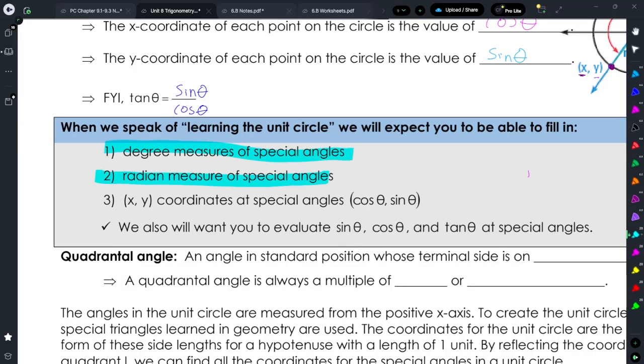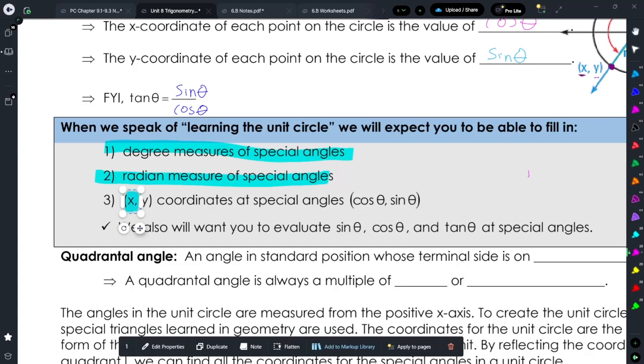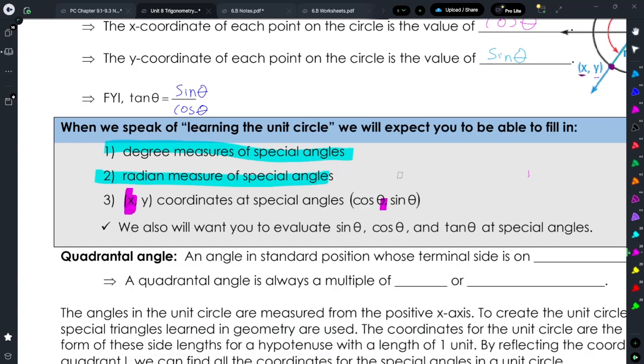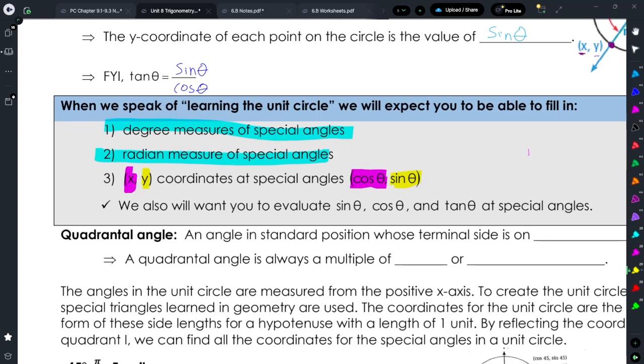And for each of those special angles, you should know the x coordinate, which is the cosine of the angle, and the y coordinate, which is the sine of the angle. And then you should also be able to figure out how to evaluate the tangent of those angles, or sometimes it's easier to memorize those.